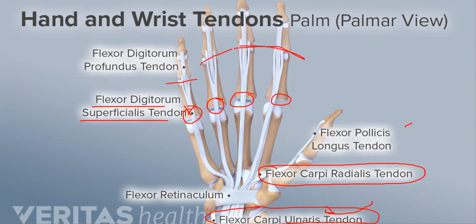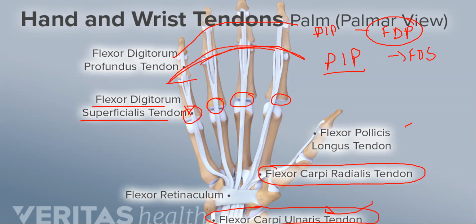The flexion of your proximal interphalangeal joint will be done by flexor digitorum superficialis, and the distal interphalangeal joint flexion will be done by flexor digitorum profundus. Now, the problem is that flexor digitorum profundus also helps with flexion of the PIP joint. That means the PIP joint is getting supply from FDP and FDS both, and FDS only supplies the PIP.